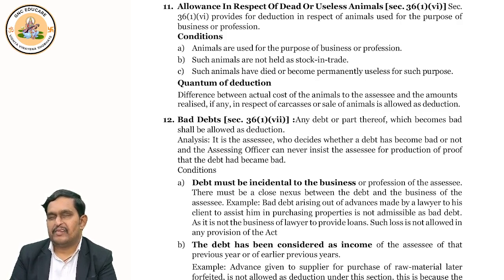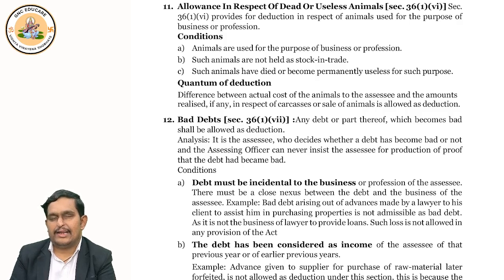Now, you cannot claim depreciation for the animal throughout the life of the animal. But when the animal dies, whatever the sale price of the flesh is, we compare it with the cost of purchase, and the difference is treated as loss.